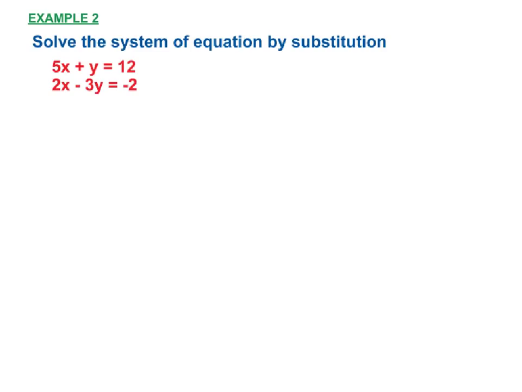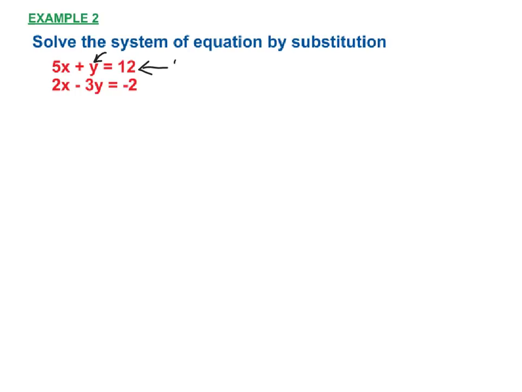So here are two equations, and you can see that in the first equation, 5x plus y, the coefficient of y is a 1. So that equation will be the easier one for us to solve for a single variable.